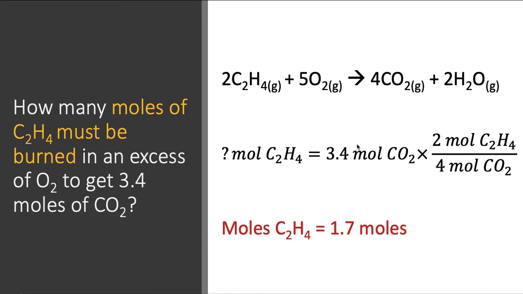But I have 3.4 moles, which means I would have started with less than 2 moles of C2H4 and about 1.7. That is reasonable. Once again, if I had flipped these two numbers, with 4 up on top and 2 at the bottom, I would get a much larger number than 2, which would not make sense. And if you had done that and stopped to think about the relationship, then you'd say, oh, I've done this wrong. I need to check these numbers. I need to check my math.